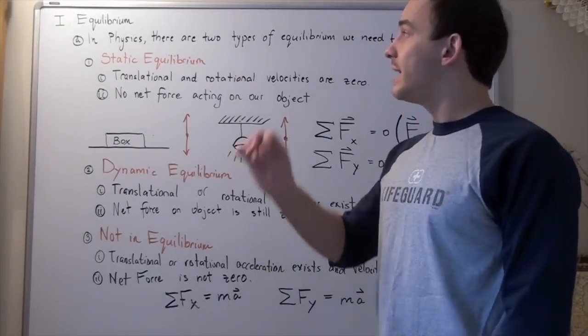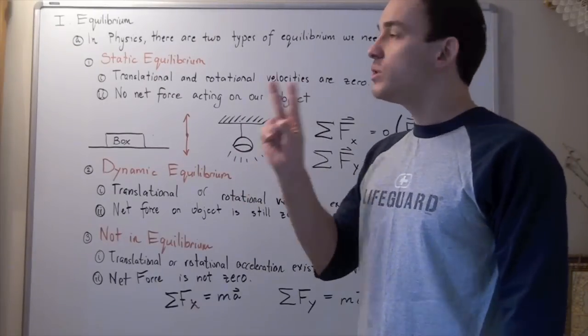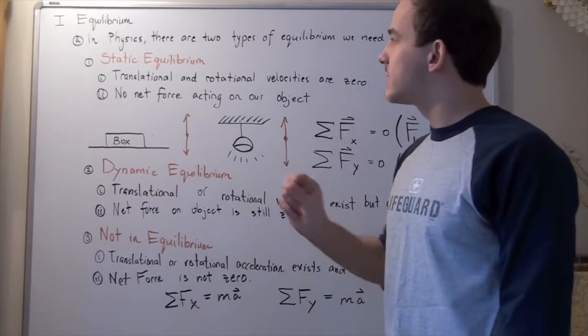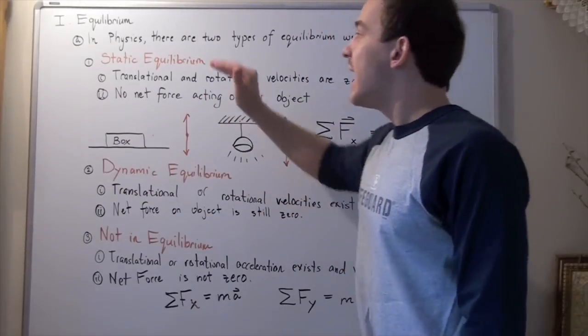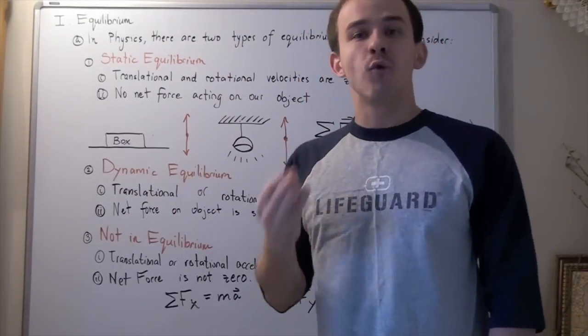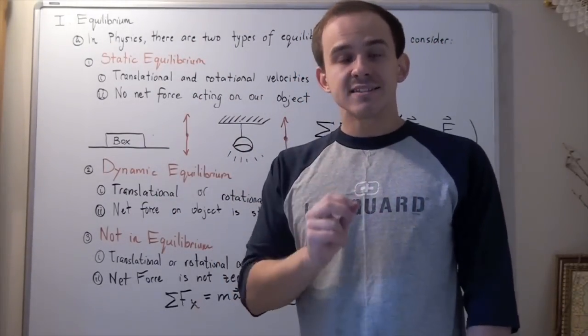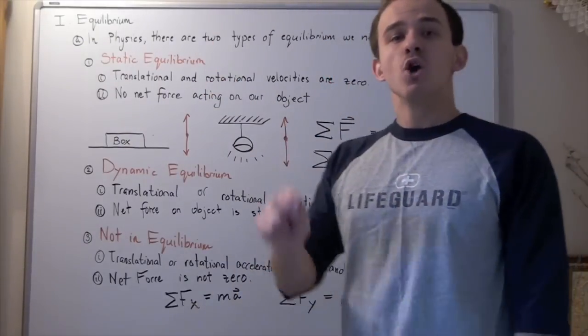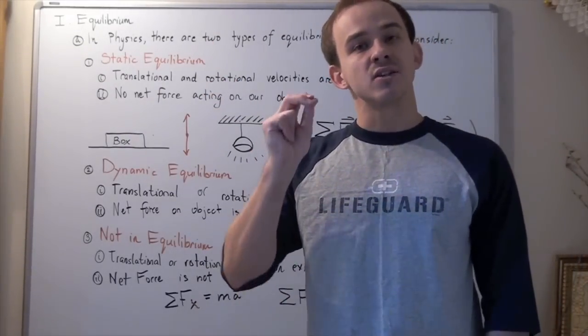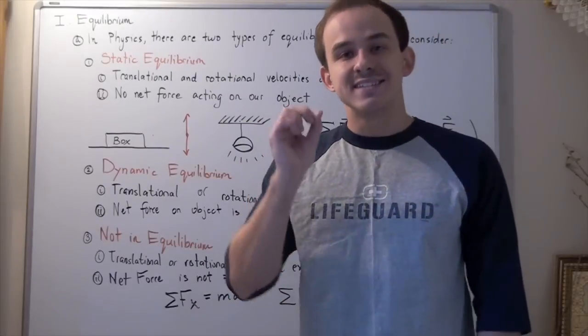So, once again, in physics, there are really two types of equilibrium that exist. Static equilibrium as well as dynamic equilibrium. In both cases, our net force along any axis is always zero, and that means our object in both cases will not be accelerating. Its acceleration in both cases is zero.